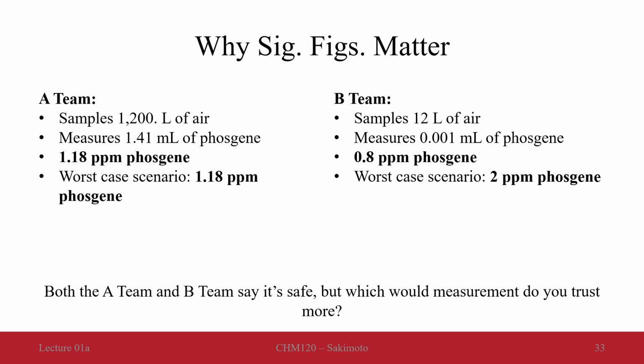Team A might be very confident in saying that it is potentially safe to go back in, but Team B might be misleading, saying that the phosgene is lower than it is, but with a much higher uncertainty, a much higher and much more drastic worst case scenario, which would be a toxic or potentially dangerous limit. And so here we see a clear case, and we'll see more of these cases throughout this course, of why we care about these significant figures. Hopefully you care about being precise scientists and medical professionals.